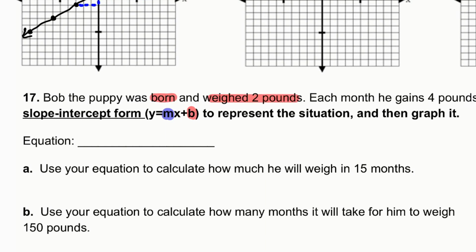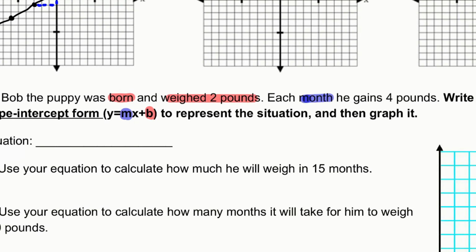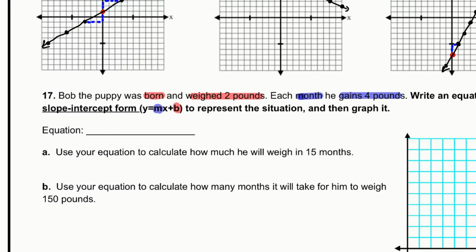He weighed 2 pounds. Each month, he gains 4 pounds. So that's going to be our slope. So our equation then is going to be y equals m, increase of 4 pounds per month, plus b is plus 2.